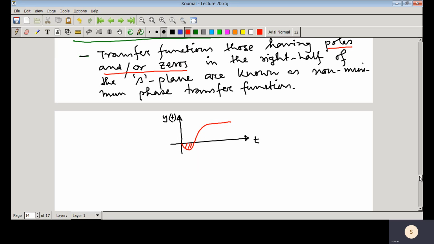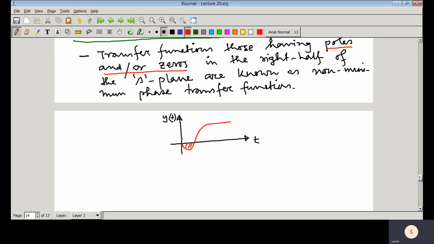Why are they important? Because if there is any zero on the right half of that S-plane, in the root locus, what you have seen is that whenever you start increasing the value of k, one pole will be moving to that zero. So after a particular value of k, that system would be unstable.